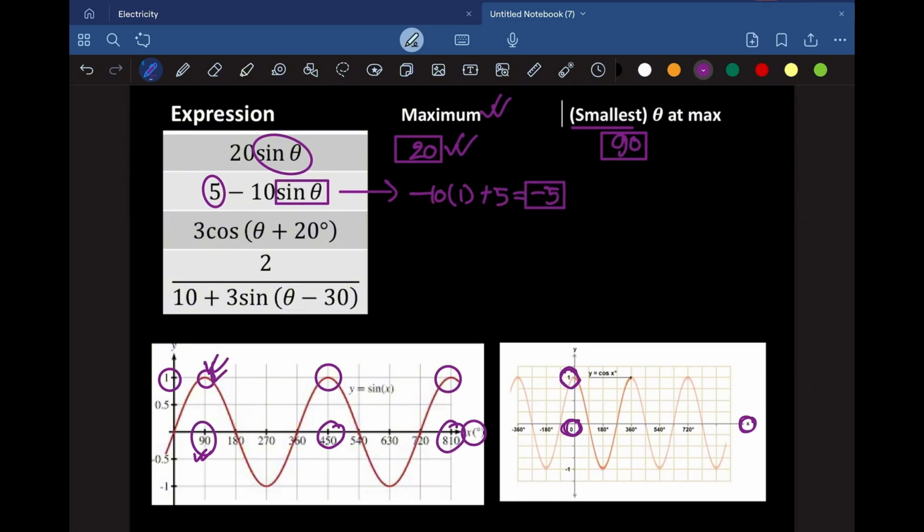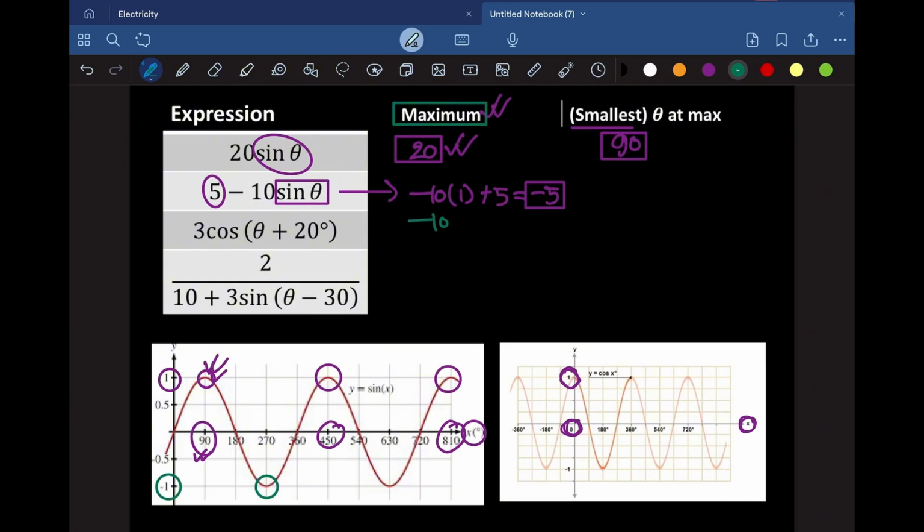Our answer will be minus 5, but they have asked us to figure out the maximum value. To figure out the maximum value, we know the sin x graph is also maximum when the y value is minus 1. So rather than taking only the positive one, we can also take minus 1.